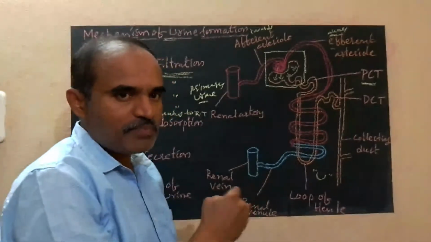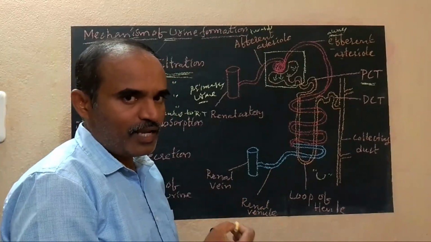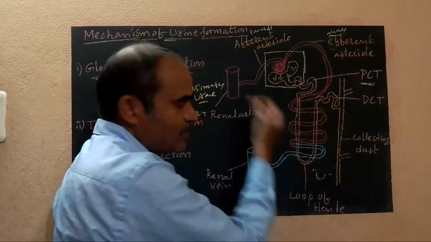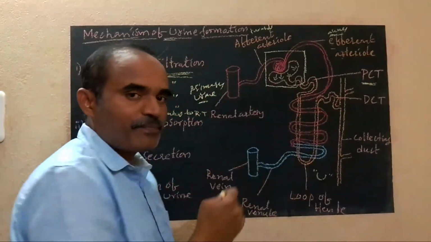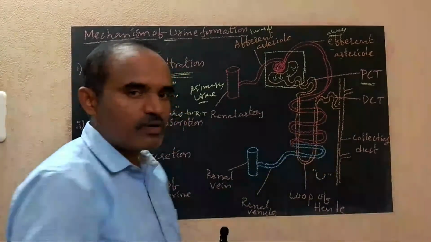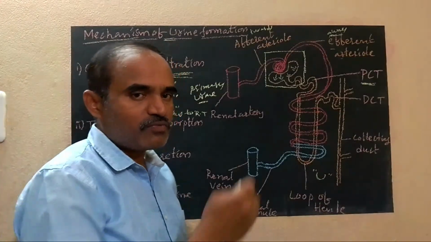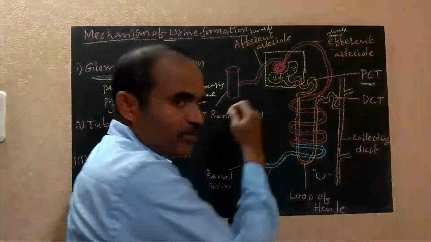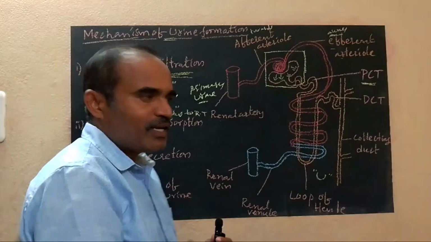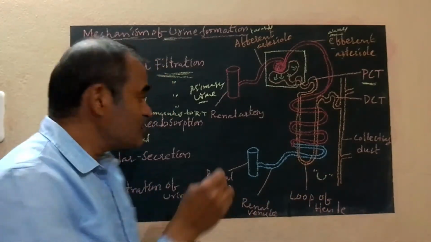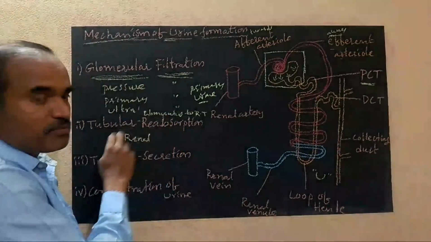The peritubular capillaries are a network of blood capillaries around the renal tubule. So the renal tubule is surrounded by peritubular capillaries, the blood capillaries which absorb the useful substances. This is called tubular reabsorption.